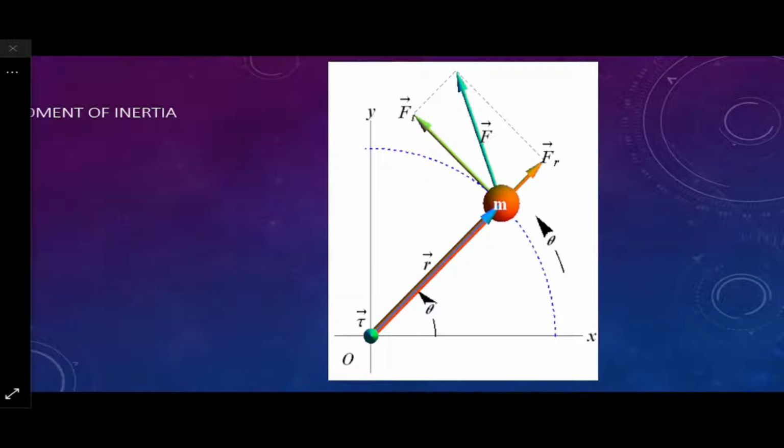Now we can see that Ft here is tangential and is also perpendicular to the radius r. So this is the situation of the force that is acting on the system, and this force tends to rotate the system. So we are going to multiply the magnitude of Ft by R, and we can get the torque of this system.